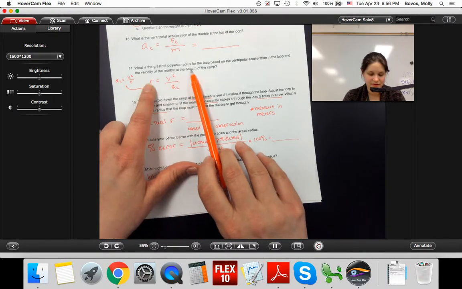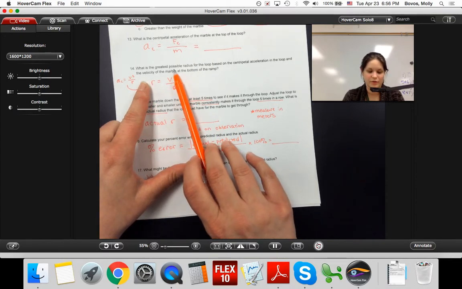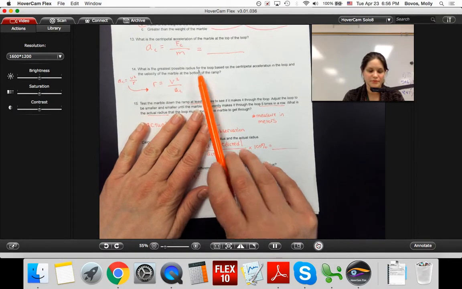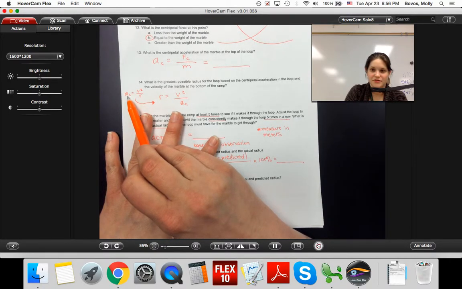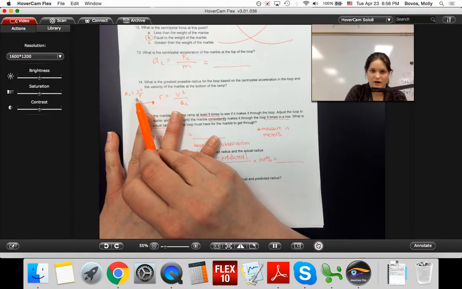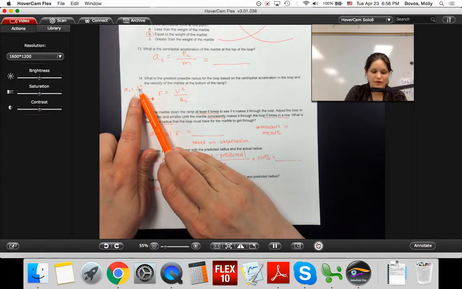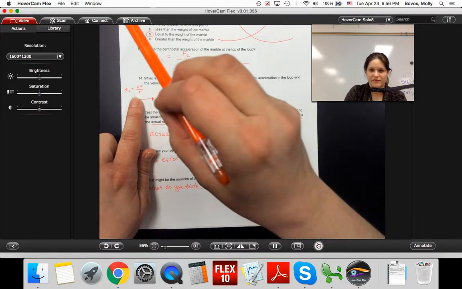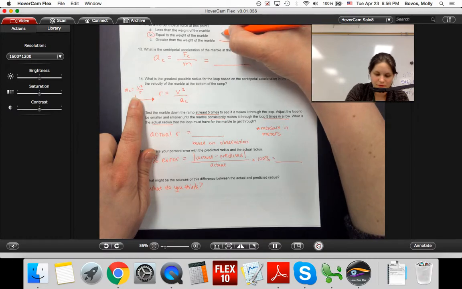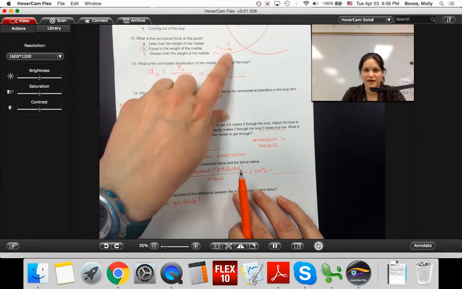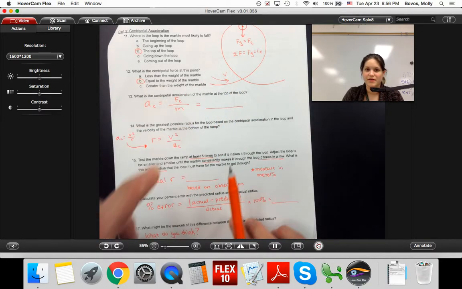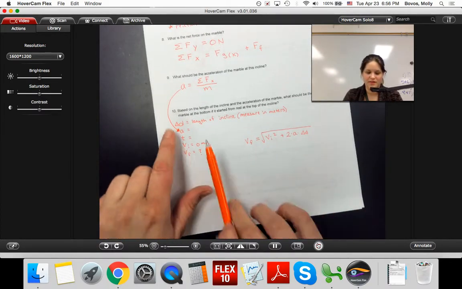Then the next thing you're doing is you're going to figure out the greatest possible radius for the loop. We know that the formula for centripetal acceleration is v squared over r. You just figured out what velocity the marble is going to have going into this loop. That velocity going into the loop is the answer that you got to number 10.